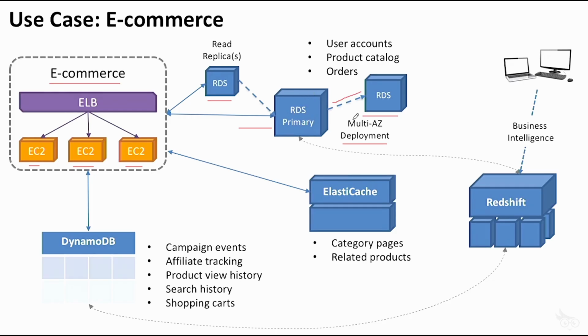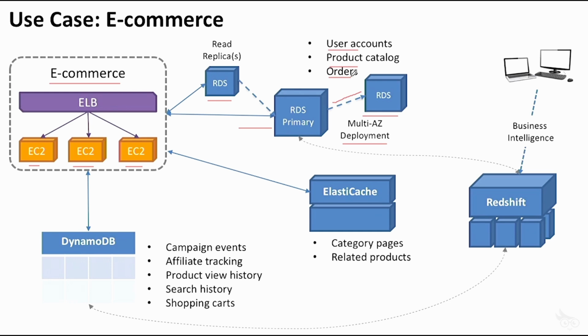Here in our RDS, this could be MySQL, it could be Microsoft SQL Server, Oracle, Postgres, a number of other options, Amazon Aurora. We are going to store our user accounts, our product catalog, orders, and perhaps a number of other things. Now, our category pages and related product pages, sometimes those take a little bit longer to render than we would like.